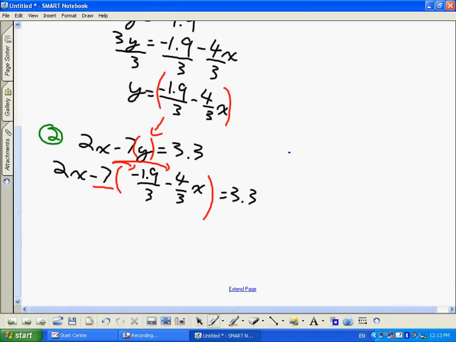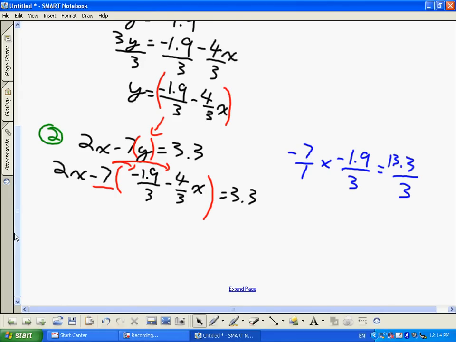Negative 7 as a fraction is negative 7 over 1 times negative 1.9 over 3. When we multiply these fractions, the bottom will become 3. 1 times 3 is 3. The top will become positive 13.3. So negative 7 times negative 1.9 is 13.3.